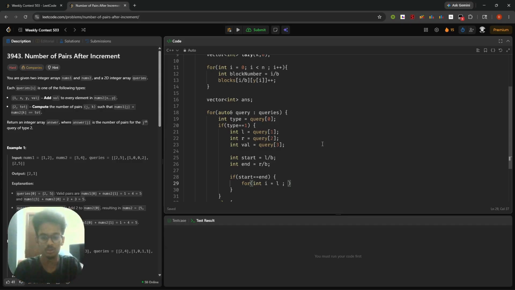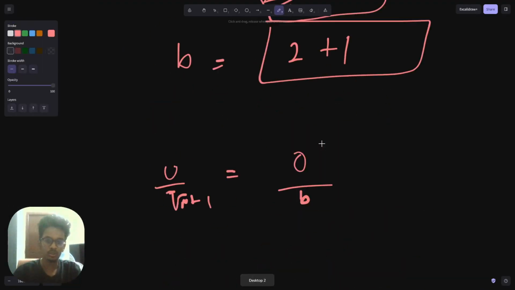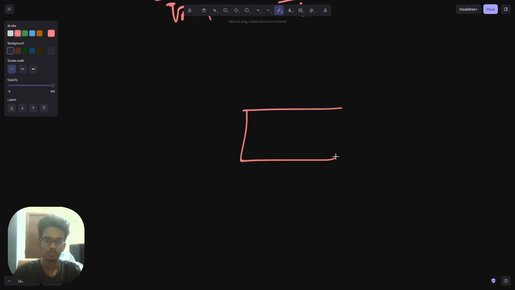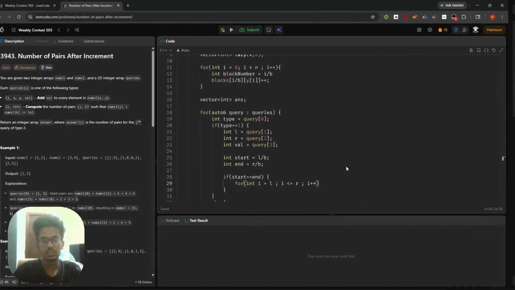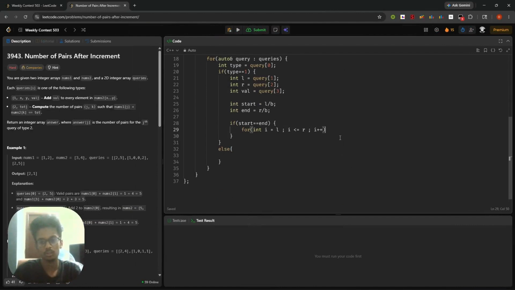How to do the brute force? I is less than or equal to R. If both of them belong to the same block, that means L to R, and this block is of size root n, so L to R would be less than or equal to root n. So we can actually brute force this.